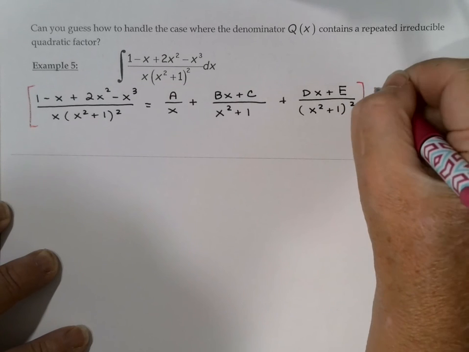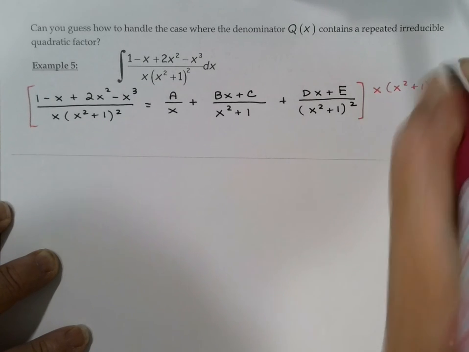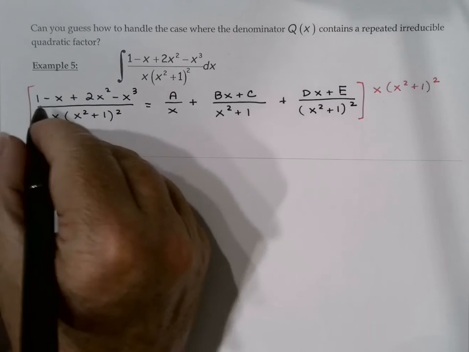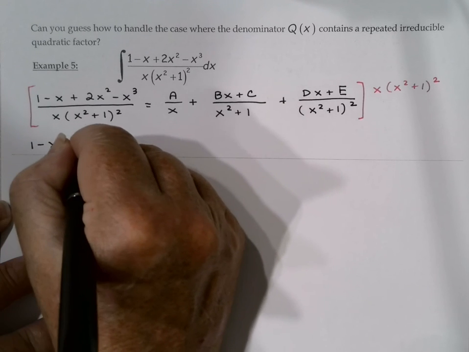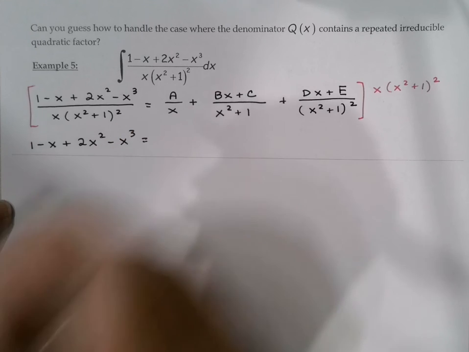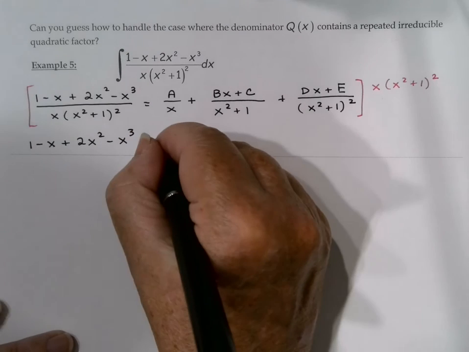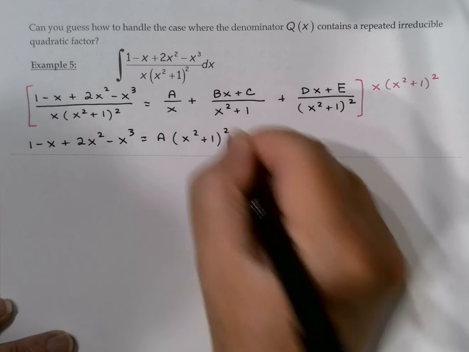Multiply everything by the LCD. And on the left, the whole denominator just cancels out. And on the right, A will be multiplied by x squared plus 1 squared.